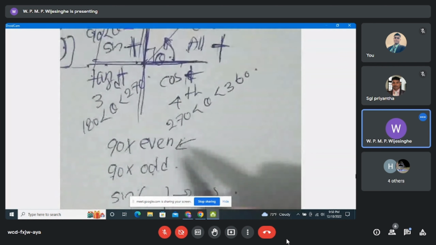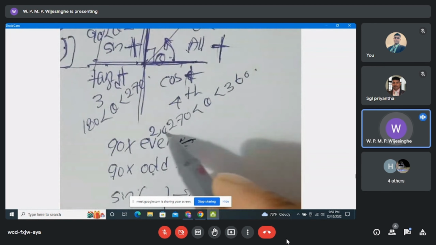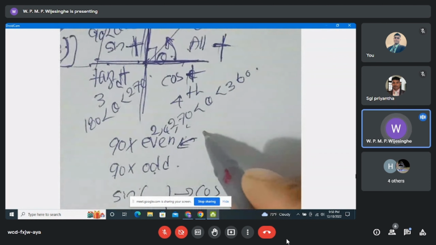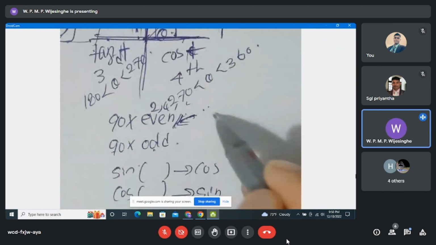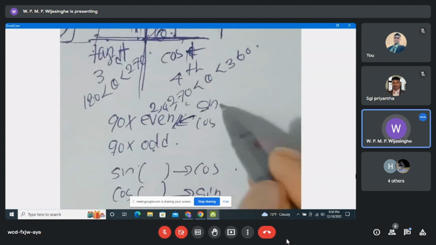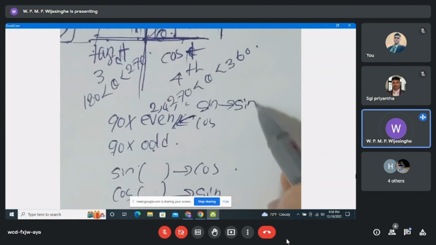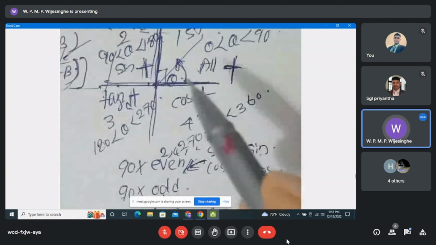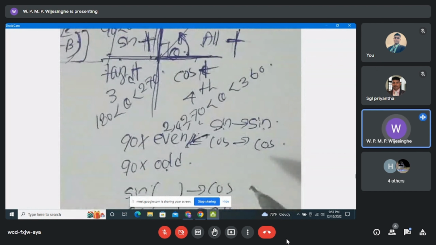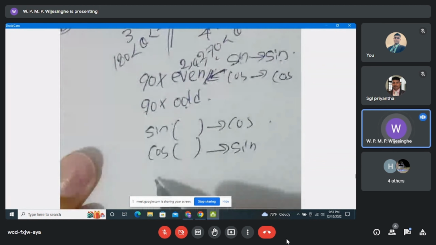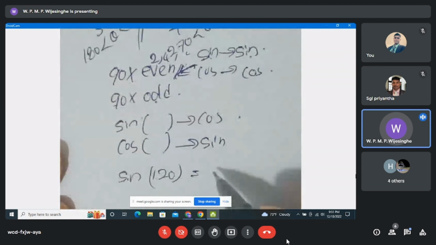If it is an even number, like 2, 4, 5, like this, and you have given sine or cos, it won't change. It is kept as it is. If sine, it is also sine. Cos is cos. Here we are doing this to convert some obtuse angle into an acute angle. Like if you have given sine 120, we can write it as sine of 180 minus 60.